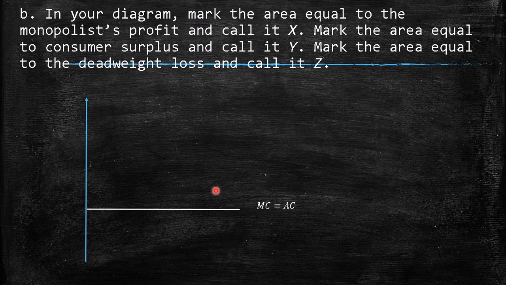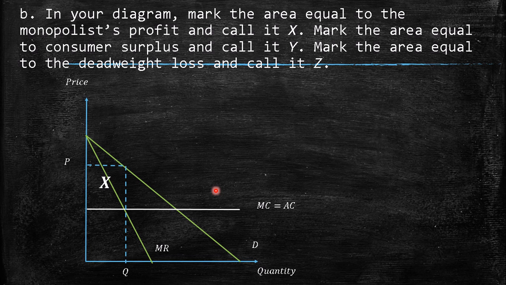The second question says, in your diagram, mark the area equal to the monopolist's profits and call it X. Mark the area equal to consumer surplus and call it Y. And mark the area equal to the deadweight loss and call it Z. So here we have price and quantity, and again the demand and the marginal revenue, where we have P and Q. Remember that the profits of the monopolist should be revenue, which is P times Q, all this rectangle, minus the cost.